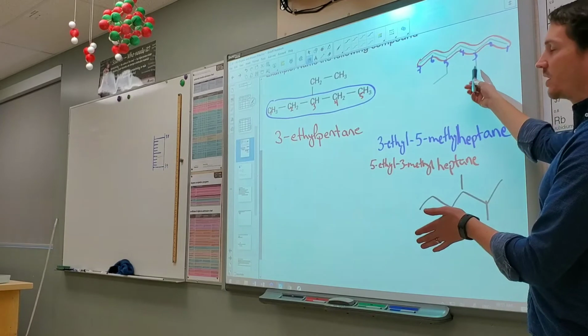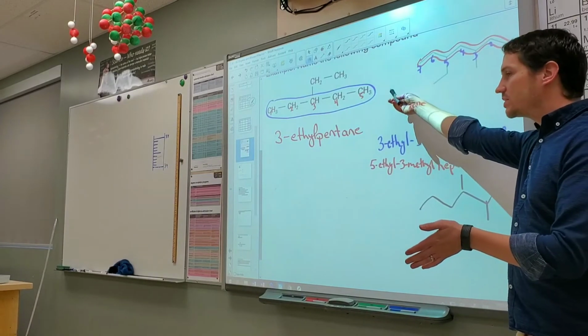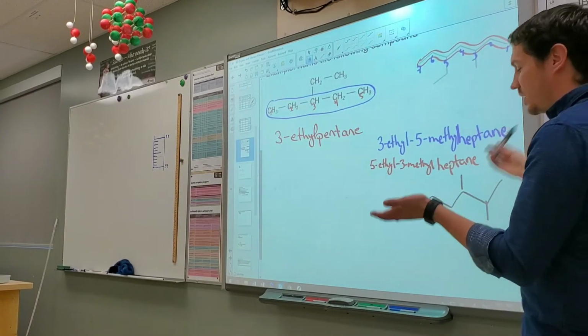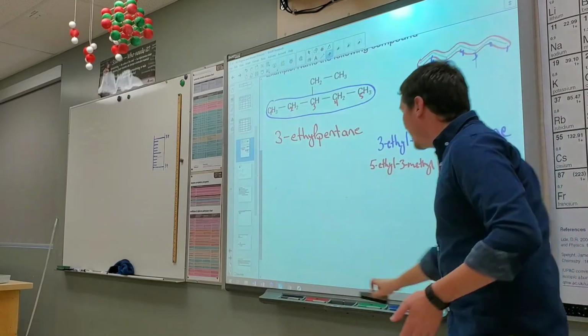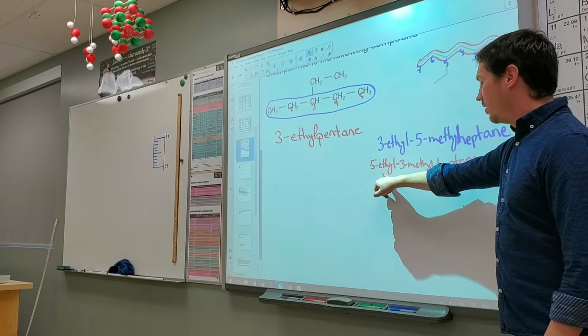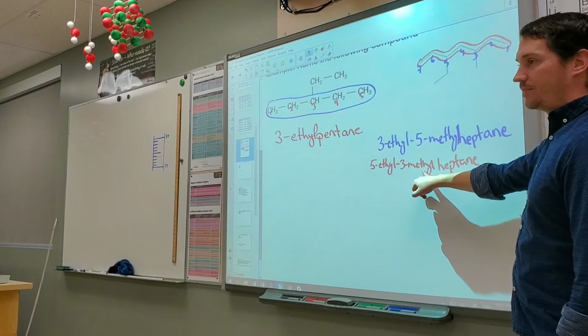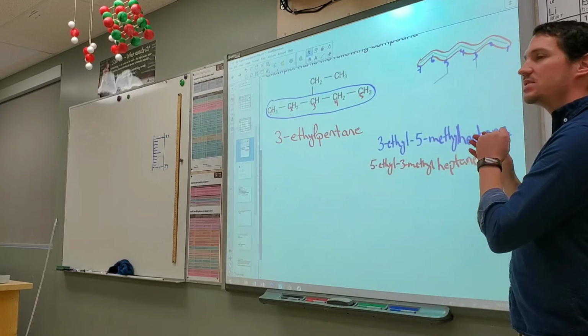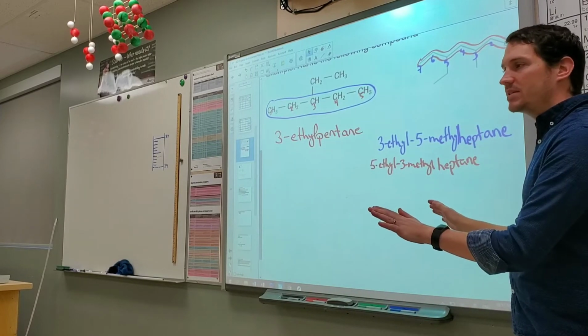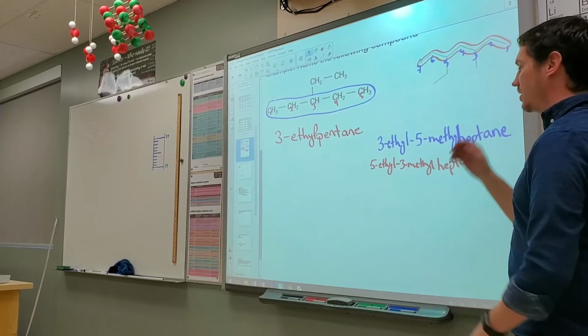But here, there's one located equally as close to that end and one located equally as close to that end. So we're running into a problem. Why did I put ethyl before methyl? Alphabetical order. This is probably never going to show up on the diploma exam, I just need us all to pay attention to this.